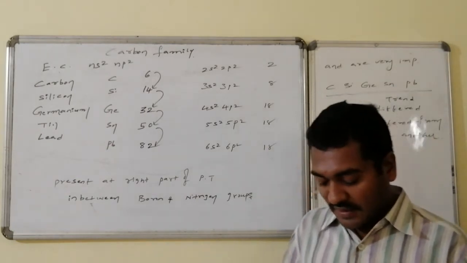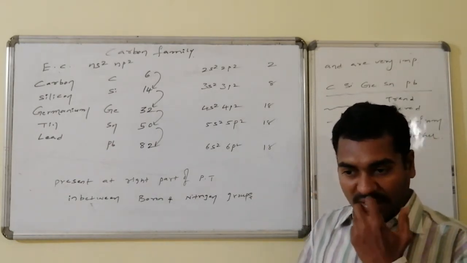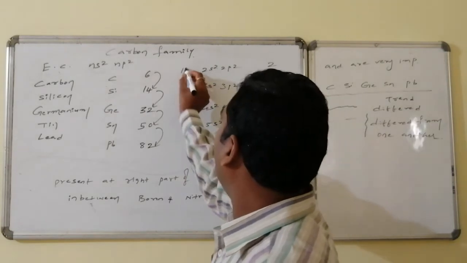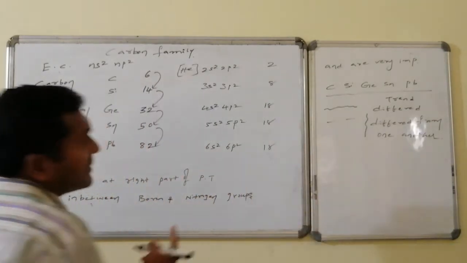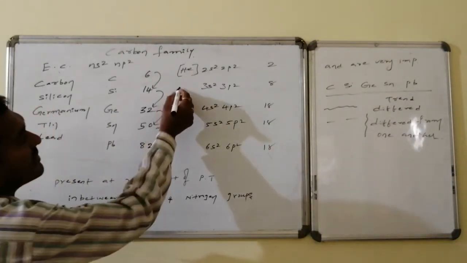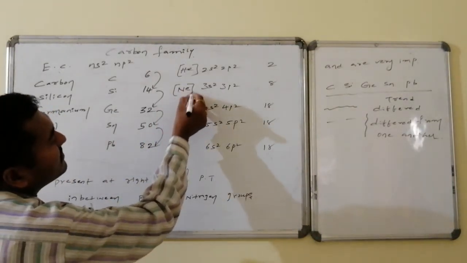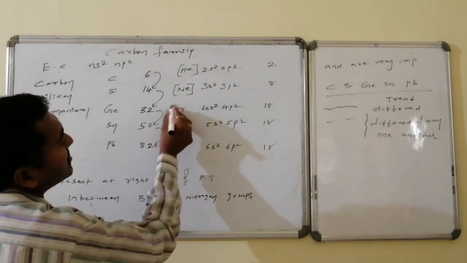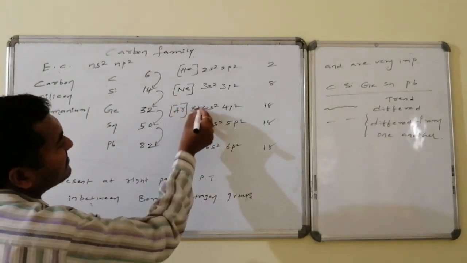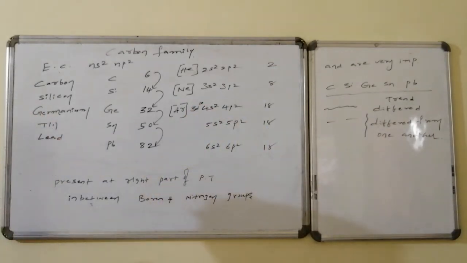The total electronic configuration is, for carbon, helium followed by 2s2 2p2. For silicon, the nearest noble gas, neon, followed by 3s2 3p2. For germanium, argon along with 3d10 4s2 4p2.